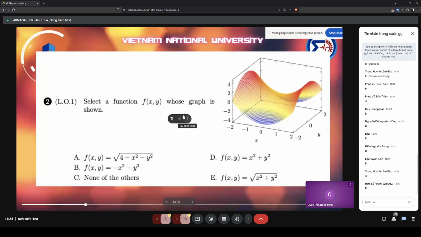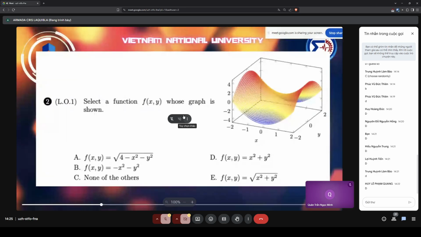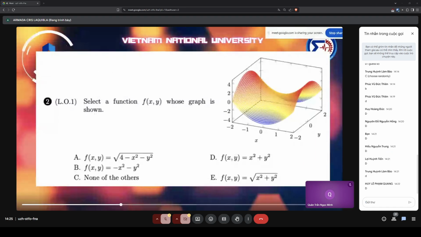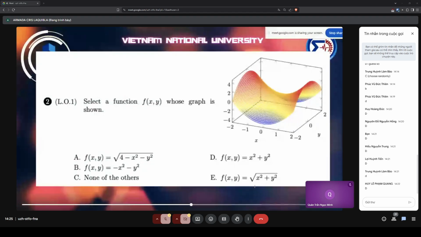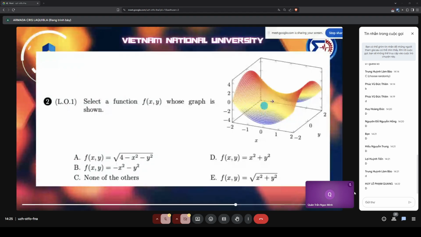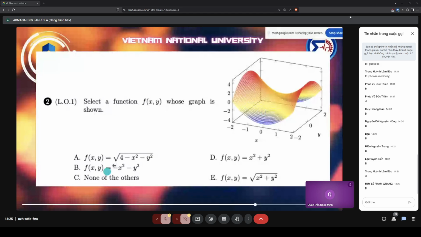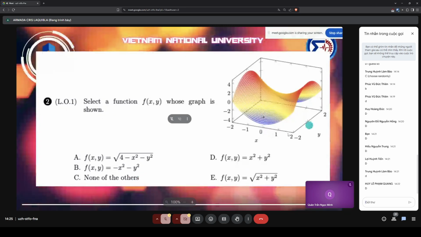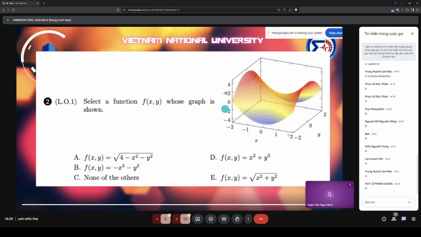So class, please do not use the graphing calculator now. Look at the graph class and then what to do there is you get a point here and then substitute it here. Again, this is the value of your x here, this is your y here, and this is your z, the one that's going up.